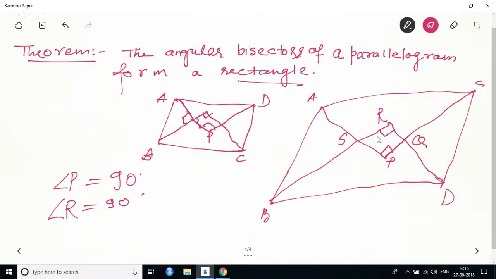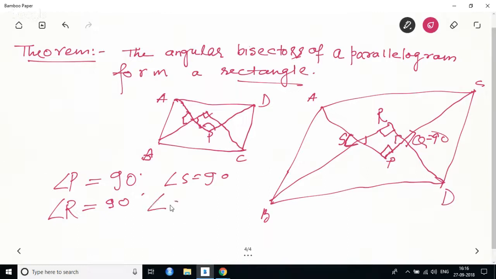Look at here. Now, what would be this angle? Angle S is also 90 because consecutive angles A and B and their angular bisector is meeting at S. Now, if S is 90 degree, opposite angle to S would also be 90. And similarly, Q will be 90 degree. So opposite angle to Q will also be 90 degree.